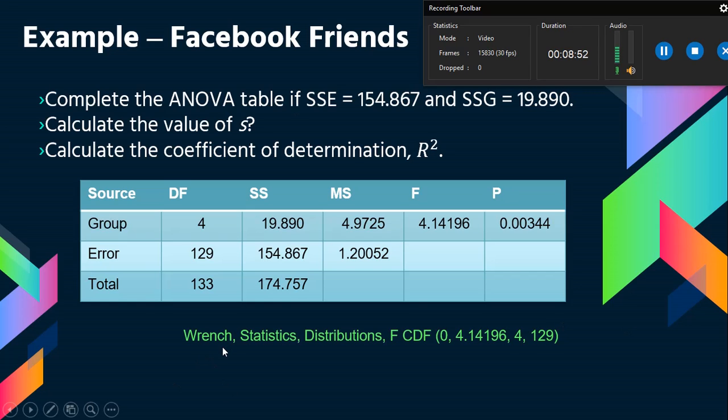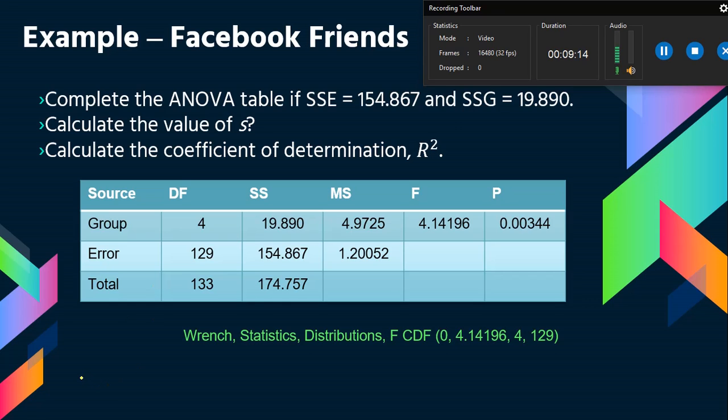So what I did is I used the wrench, statistics, distribution, and we're doing F, CDF. The upper bound is our F statistic. The degrees of freedom for the numerator and the denominator come directly from the table. We also have to calculate the value of S, our sample standard deviation.